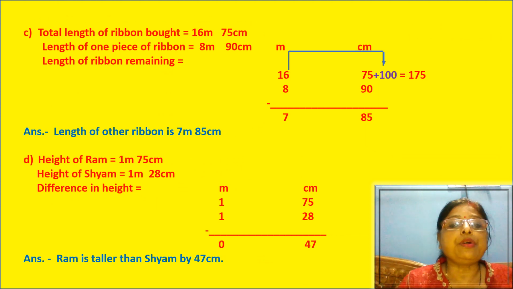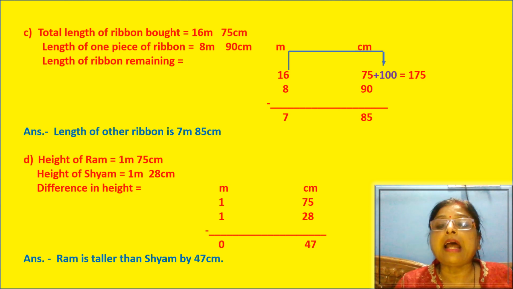Dear students, question C is, Mrs. Renu bought a ribbon and she cuts it into two pieces. The total length of the ribbon is 16 meter 75 centimeter and the length of one piece is 8 meter 90 centimeter. So the length of the ribbon remaining is, here you have to subtract.